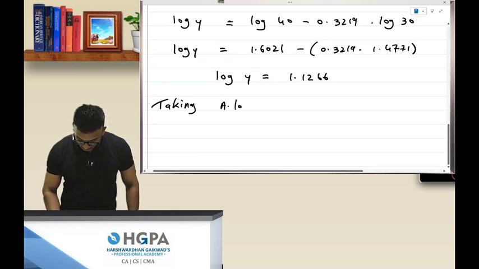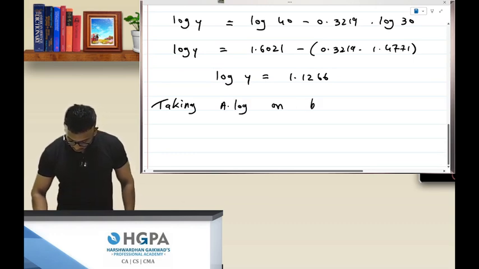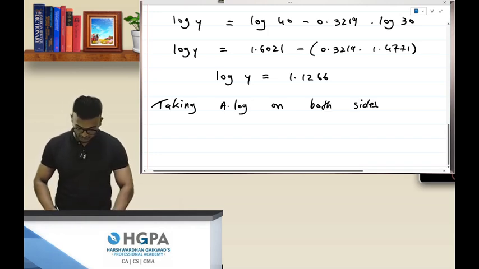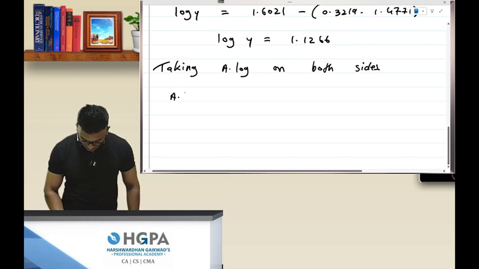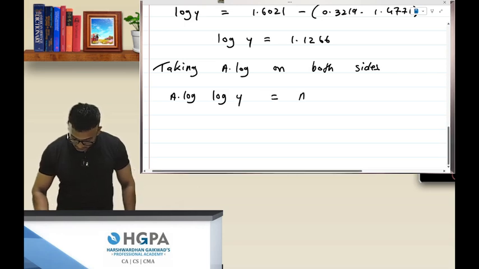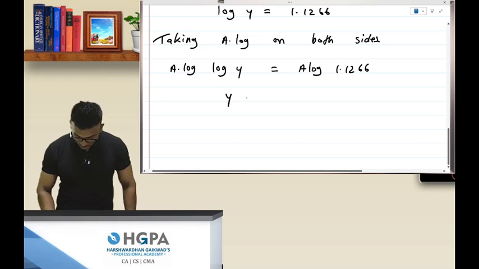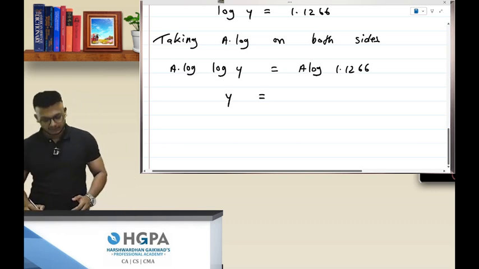Taking anti-log on both sides. Anti-log of log y is equal to anti-log of 1.1266. Anti-log of log y is obviously y, and anti-log of 1.1266 we will check.